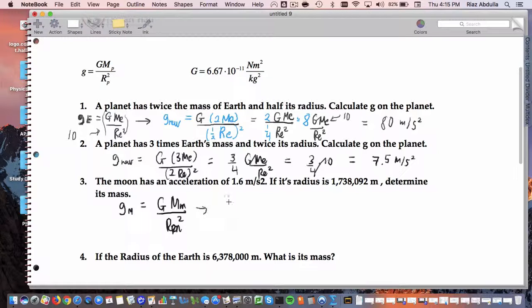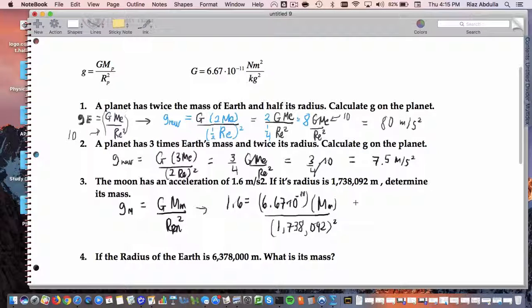Plugging in our numbers, we have 1.6 equals 6.67 times 10 to the negative 11th times the mass of the moon, which is what we're solving for, divided by 1,738,092, and we'll square that number.